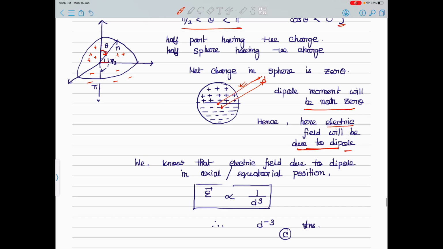We know that the electric field due to the dipole, whether it's an axial position or equatorial position, is always proportional to the distance cube. Since it is given in the question in terms of d, the electric field due to the dipole will be inversely proportional to d cube. So d to the power minus 3 will be the correct option for this particular question.